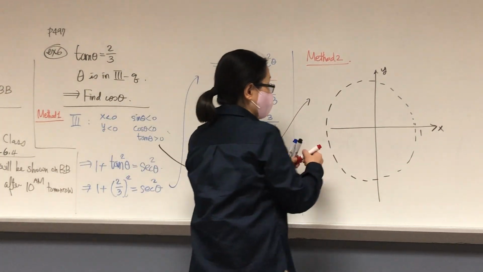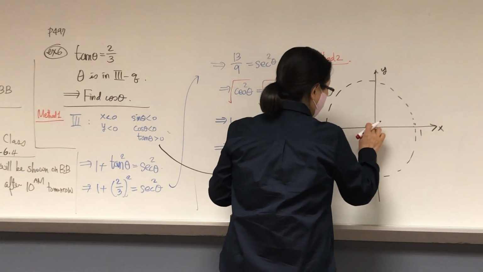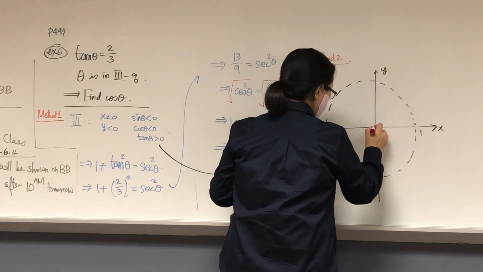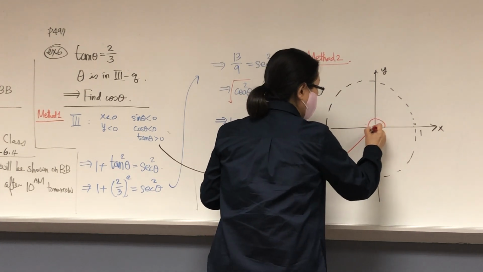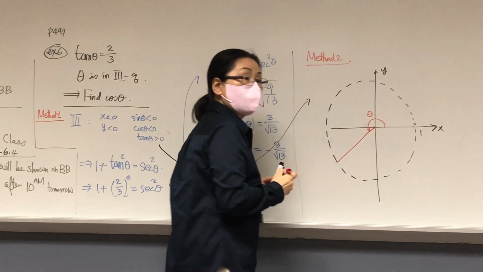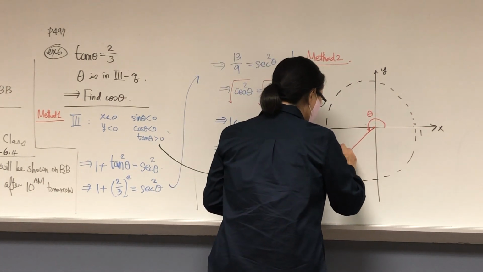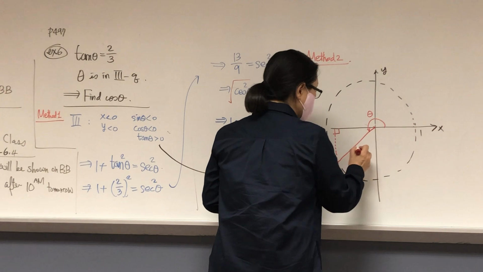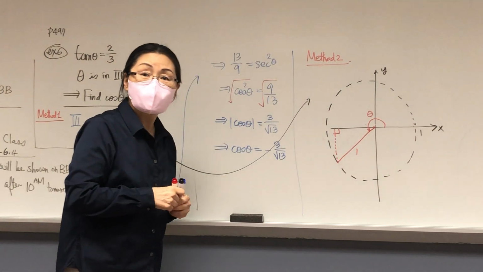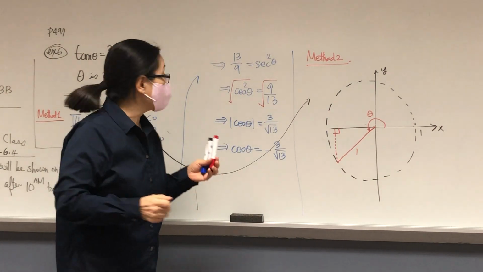Your angle should be what? Oh, I'm sorry. This much, this is your angle. Am I right? And then you can make this kind of triangle. This is always 1. You understand it.